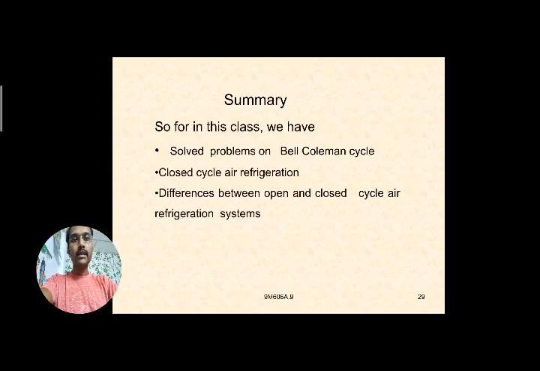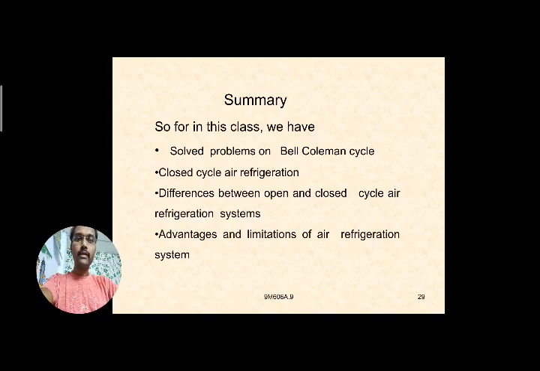And next, we have seen the differences between open and closed cycle air refrigeration systems. And similarly, we have seen the advantages and limitations of air refrigeration systems. Okay, next, in continuation, we have seen some quiz questions also regarding that. So, hope you understood all these topics. They are very interesting topics.